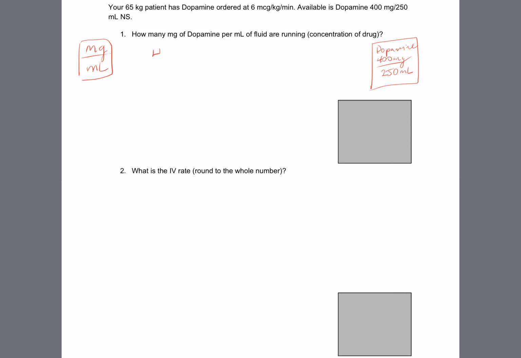So you're going to go ahead and do 450 milligrams divided by 250 mLs. And the answer is 1.6 milligrams per ml. So that means in this bag of dopamine, for every 1 ml, there is 1.6 milligrams of dopamine. Number 2, what is the IV rate round to the whole number?